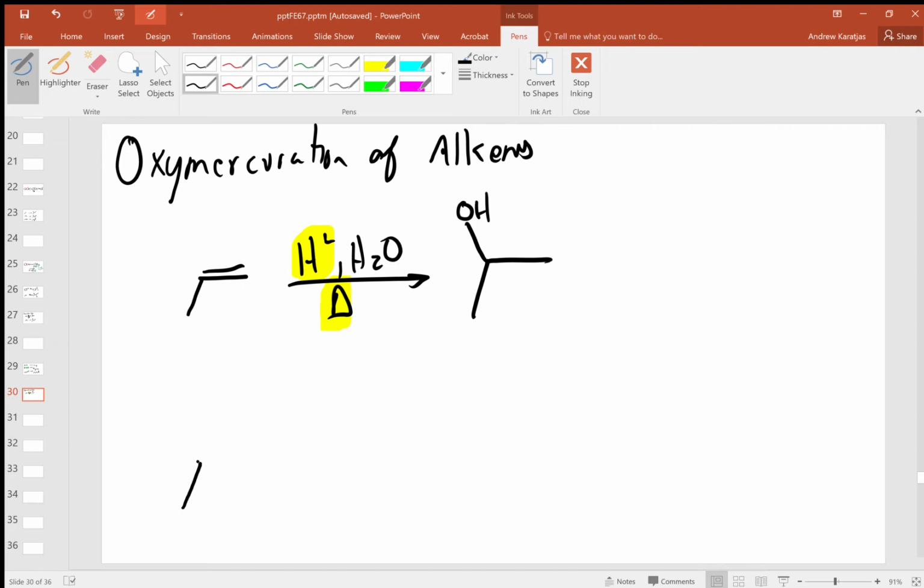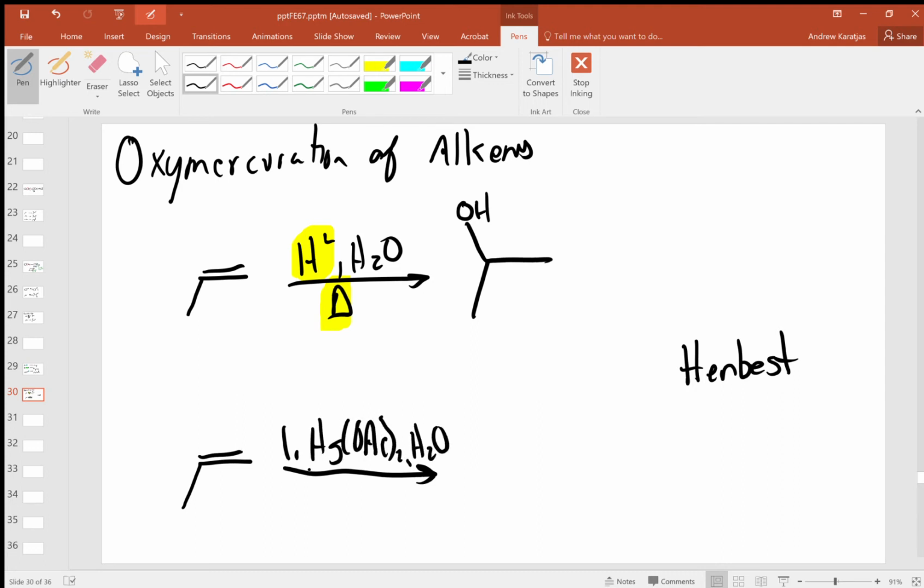So the oxymercuration reaction, and this reaction has been around at least since the 1950s when Henbest published it, uses mercury acetate along with water, and then in a second step uses sodium borohydride to get us to the exact same product. The main advantage of this reaction, though, is clearly the fact that we don't have the same harsh conditions that we do in the acid catalyzed reaction.